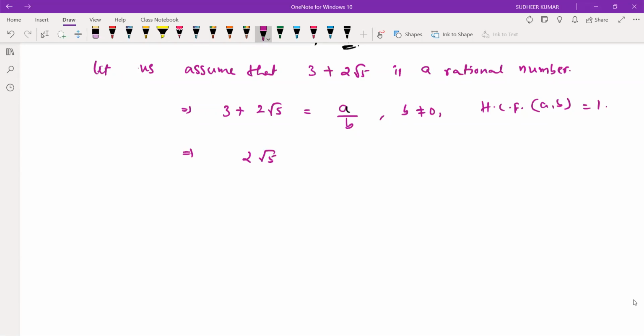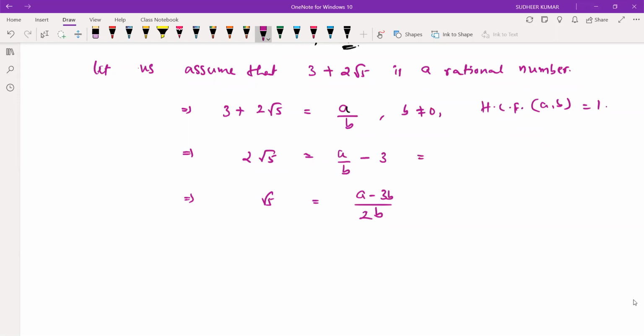Root 5, root 3, root 7, whatever it is given, the irrational number write one side. The remaining values transpose to the other side. So this is a by b minus 3. Then root 5 equal to, find the LCM, this is a minus 3b by b, into 2 transpose this side, divide 2.